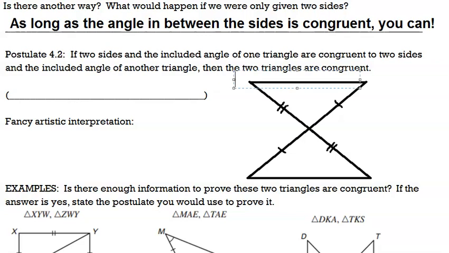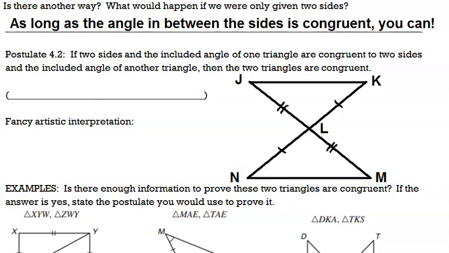So let's look at this picture, and I'm just going to give it some new names here. We already used A, B, C, D, so let's use J, K, L, M, N. Let's do it that way.